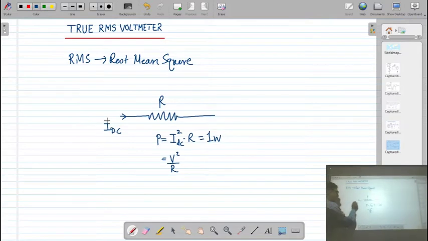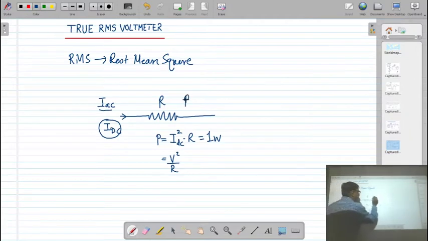Now instead of DC, I am going to pass some AC current. And here I will either increase or decrease the value of the AC current such that again the power dissipation across the resistance comes out to be 1 watt.